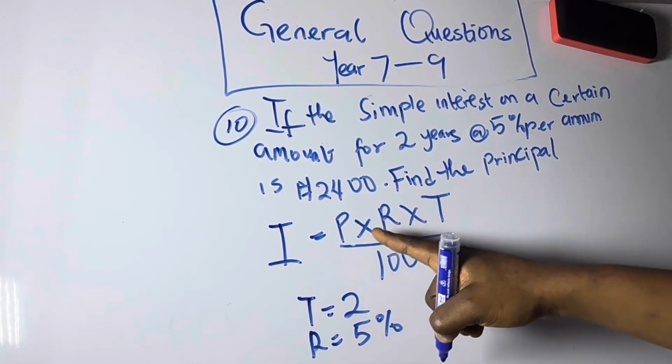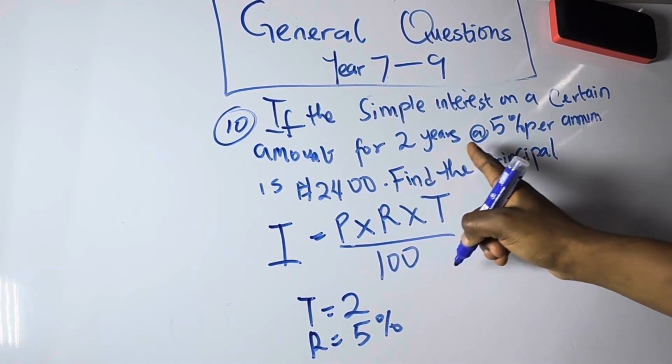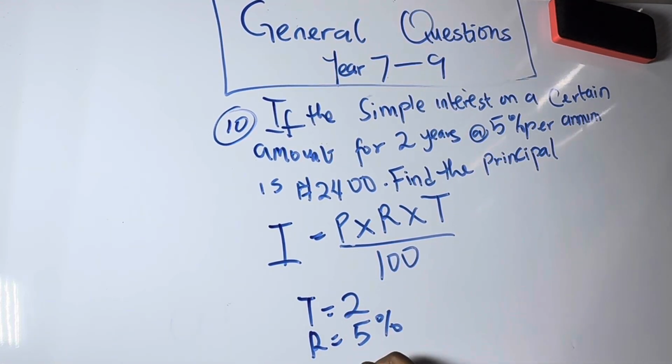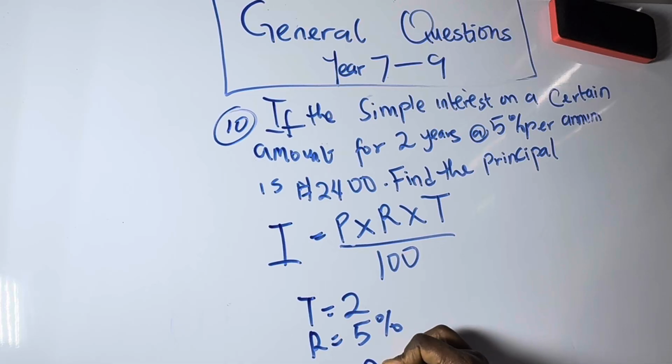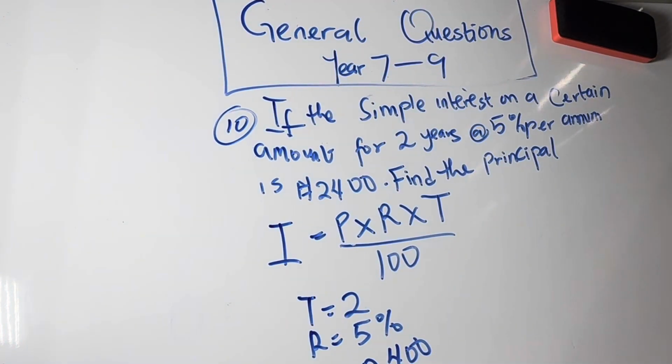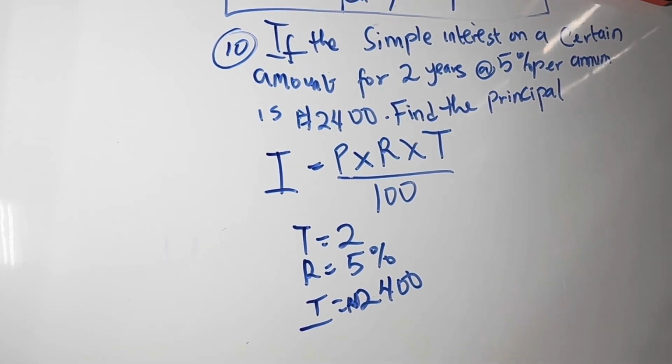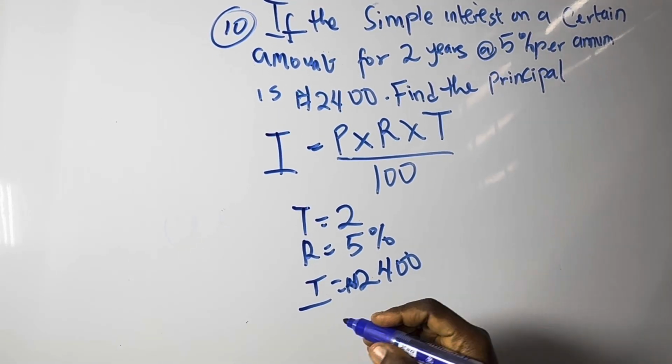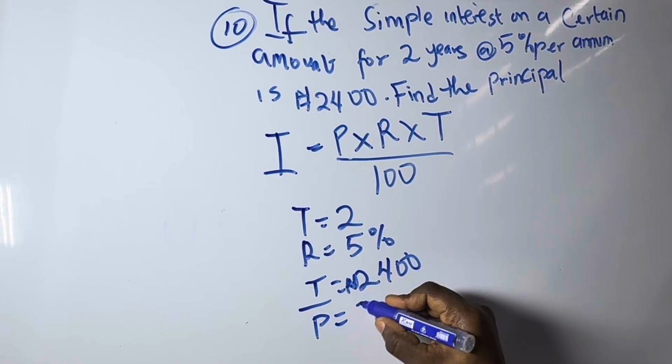Now, the interest I equals 2,400 naira. The question says find the principal. We don't know the principal.